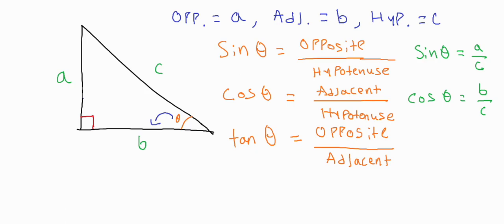So remember, opposite of theta is A. Let me first get a green ink here. So tan of theta, remember, opposite over adjacent, so A is opposite, over our adjacent side, which is B, since B is next to theta.